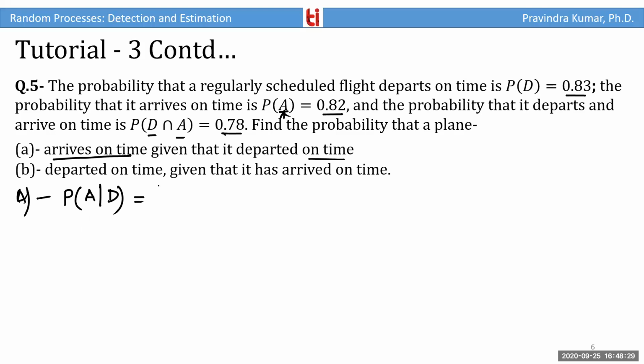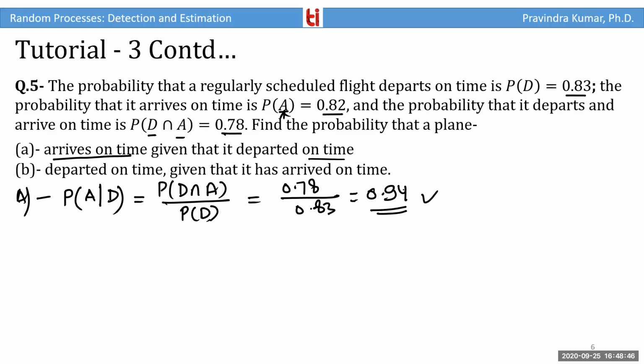From the Bayes rule, you know this: P(A and D) by P(D). All values are given: 0.78 by 0.83. So 94%, if I know it departs on time, it will arrive on time.